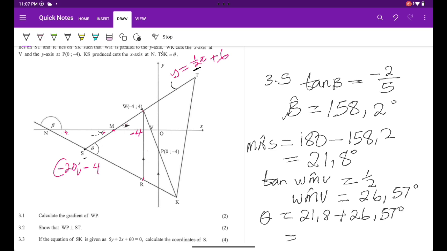Right, so we add the two together, and then it gives us around 48.37. So that is the size of theta.